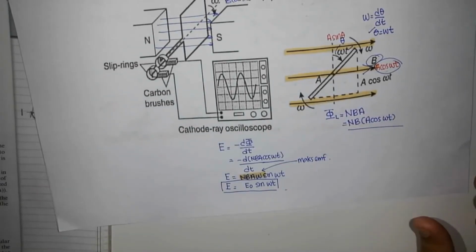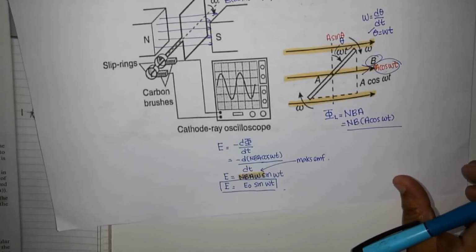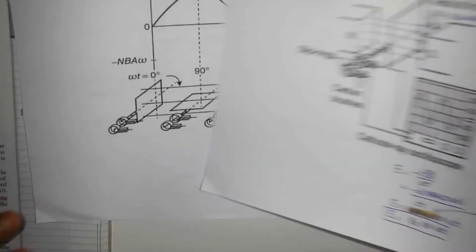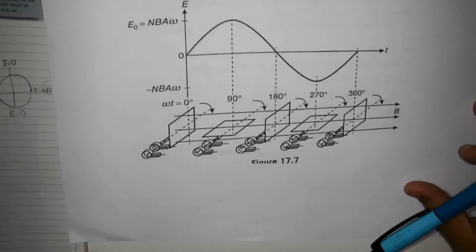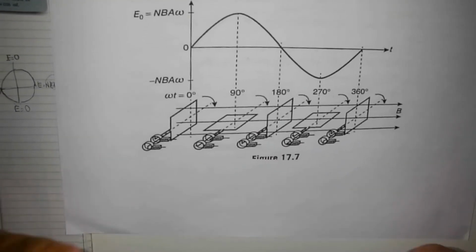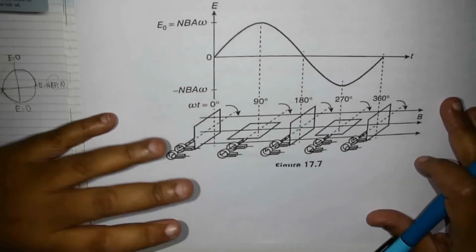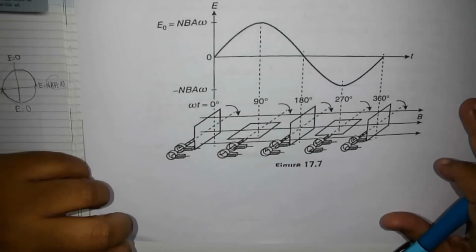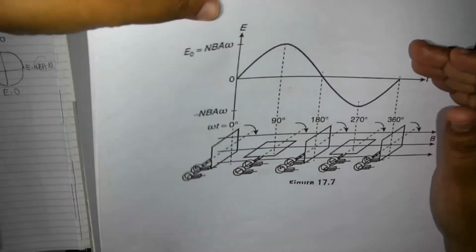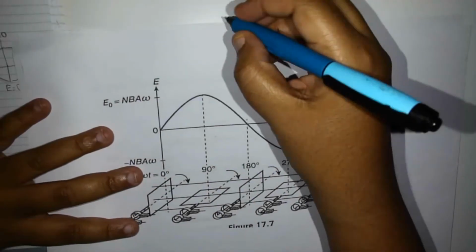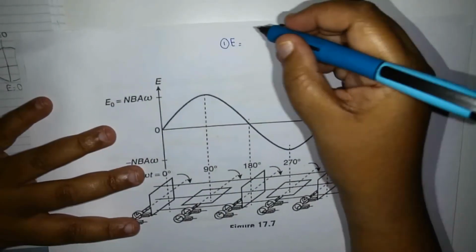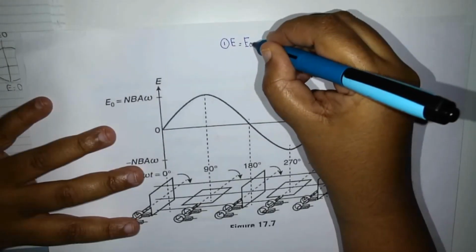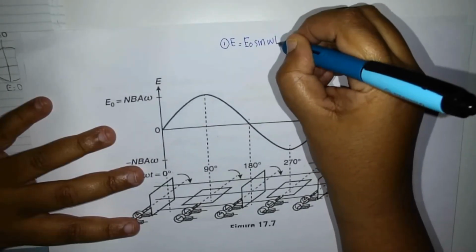Now let's look at this graph. If you look at this graph here, the induced EMF is alternating. The first thing is the equation, number 1: E equals E naught sine omega t.